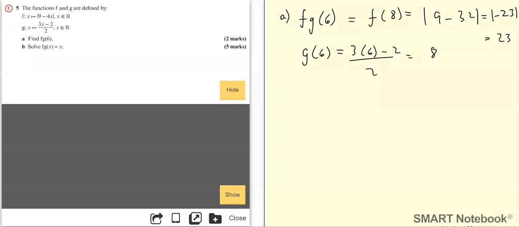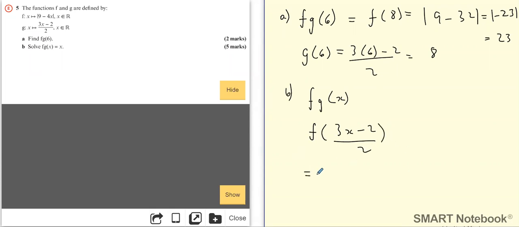I'm going to look at fg of x. If you worked out fg of x already, can you please type it in the chat so I can compare my answer to yours? So we need fg of x. So that's the same as saying f of 3x minus 2 over 2.